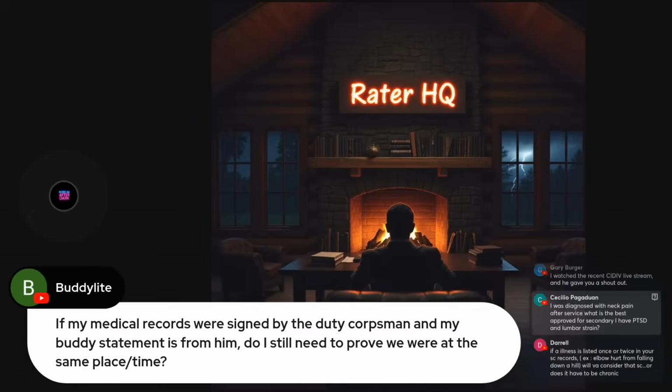If my medical records were signed by the duty corpsman and my buddy's statement is from him, do I still need to prove that we were at the same place? Yes, you do. The reason is because it's required.